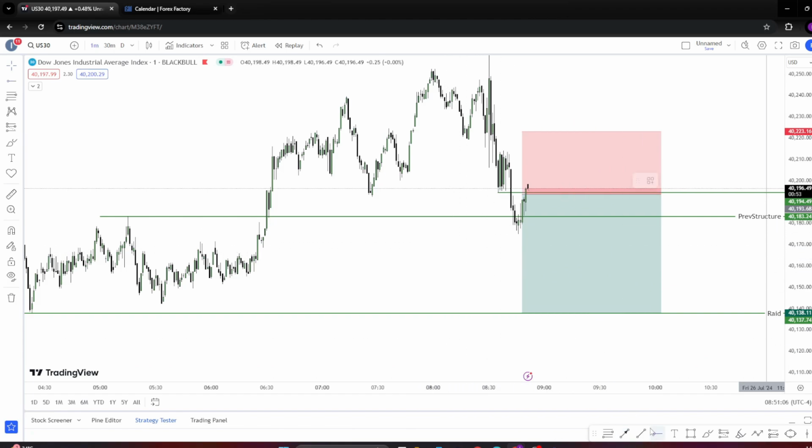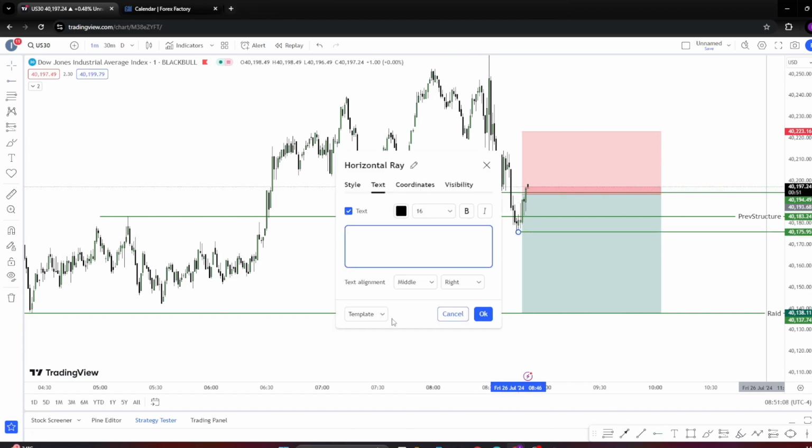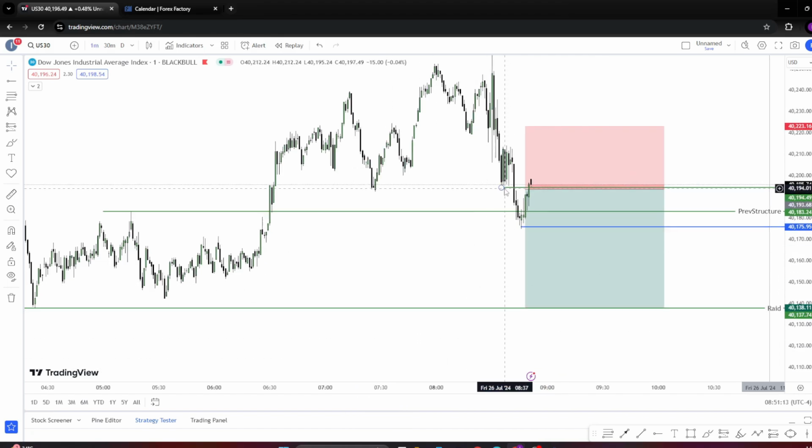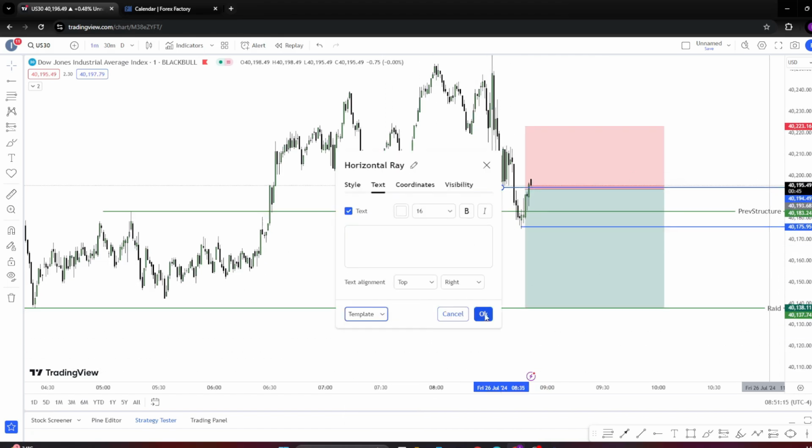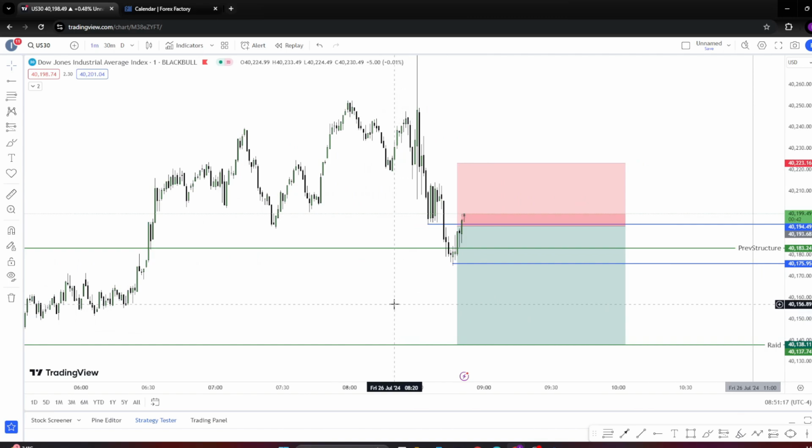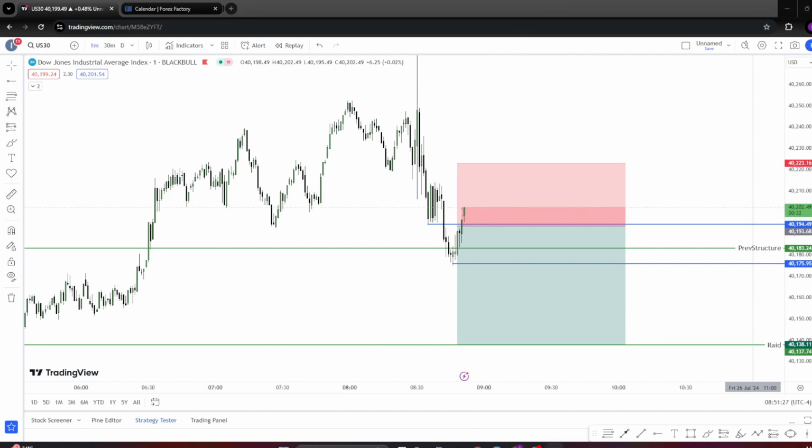And hopefully, if we do close below this low, then we'll be able to manage our risk. Actually, this line needs to be blue for the execution. And let's just wait and see what happens with this market. My stop loss, let me make sure that this is where it needs to be, which is exactly over here.